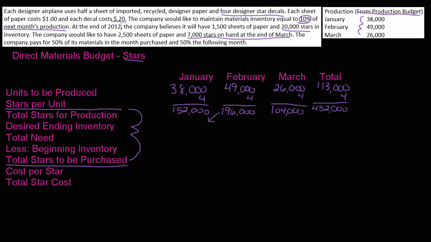So 196,000 times 10% is 19,600. For February, I want 10% of March. So 10% of 104,000 is going to be 10,400.